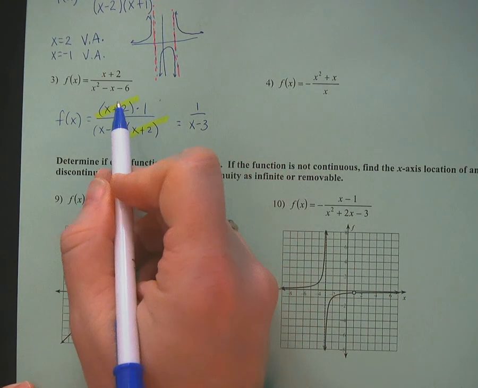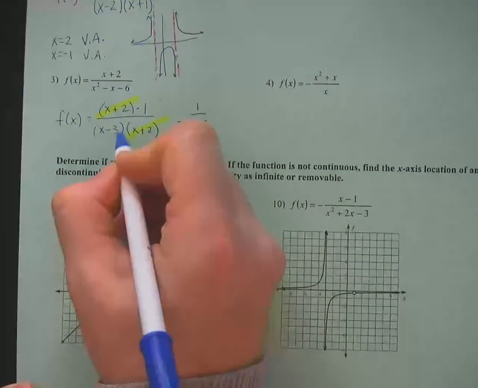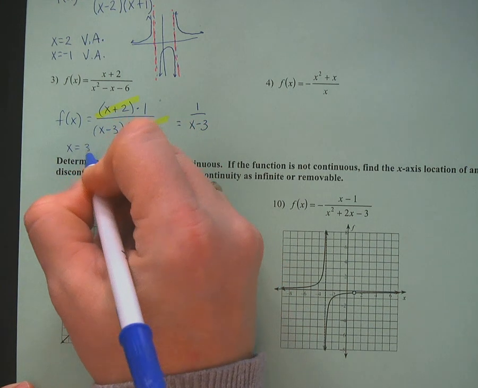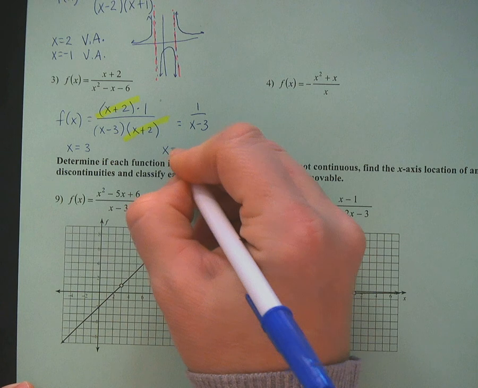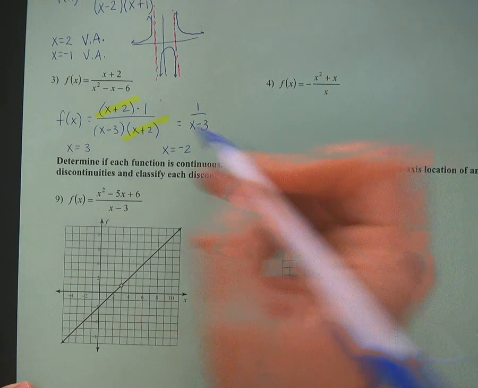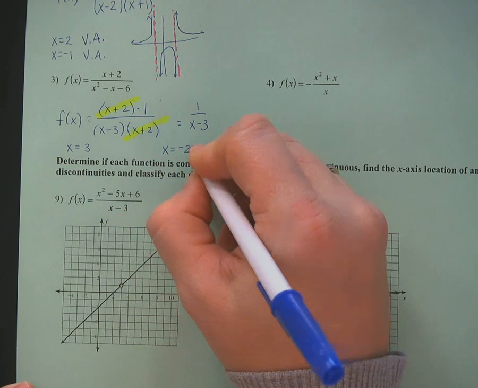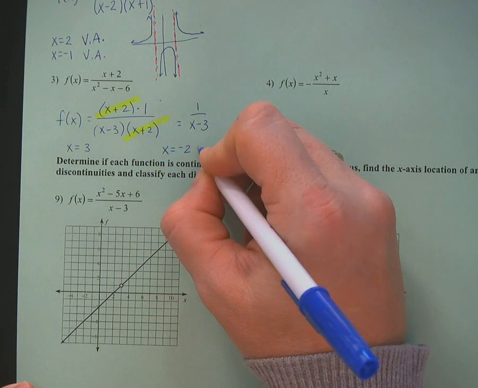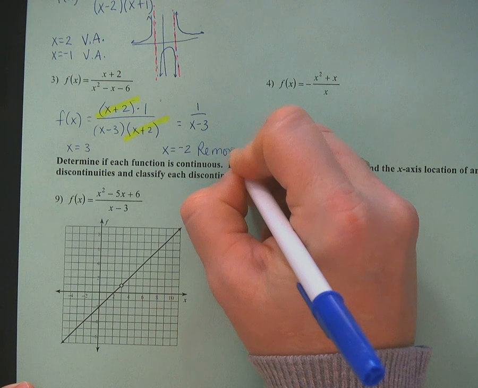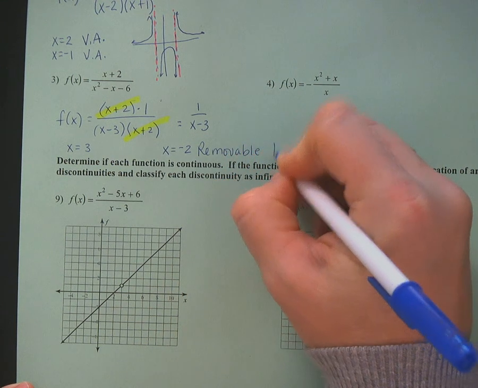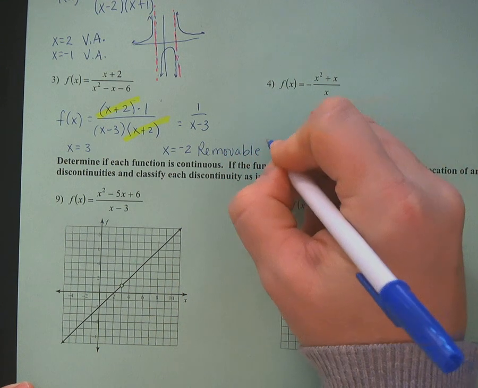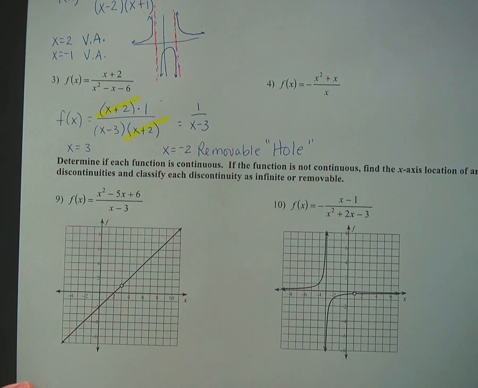So before we divided these out, we have a discontinuity when x is 3, and we have a discontinuity at x equals -2. But since this one was able to kind of divide out of the problem, that's a removable discontinuity. So that makes the graph have just a hole at that spot, not an asymptote.